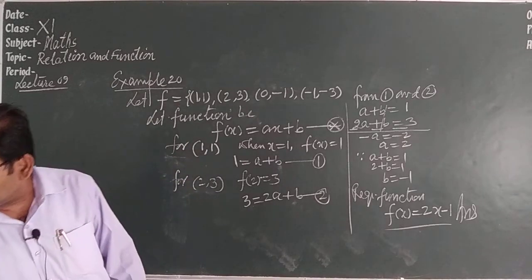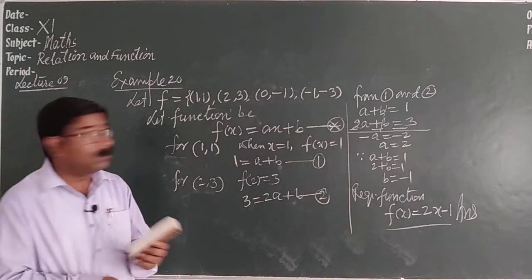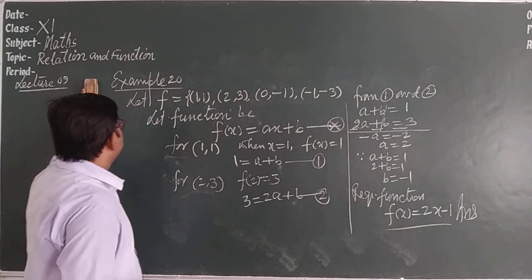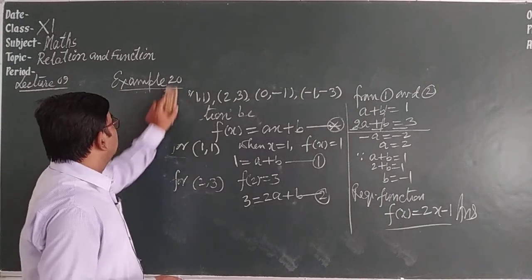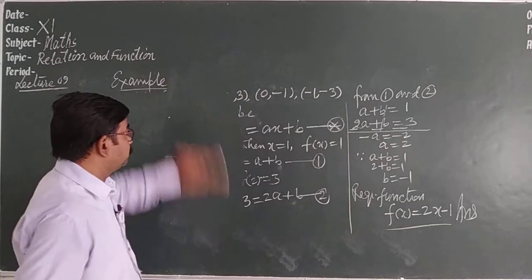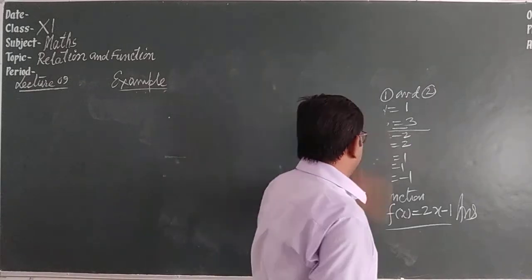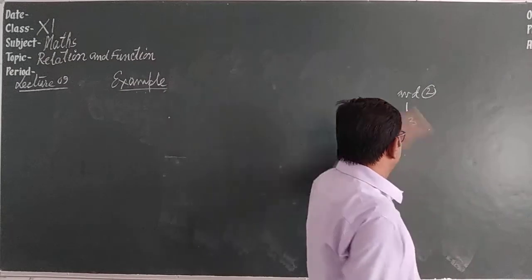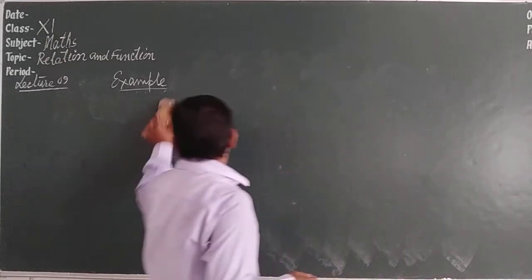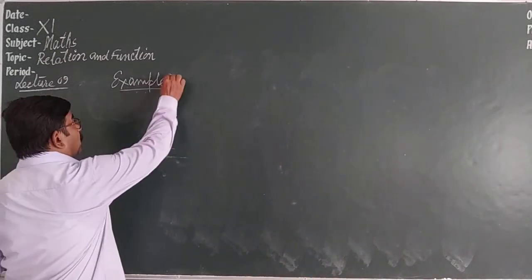Now one more exercise is there, example number 21. See, it is a simple question. I gave this idea in my lecture, but still I am going to tell you. Example number 21.